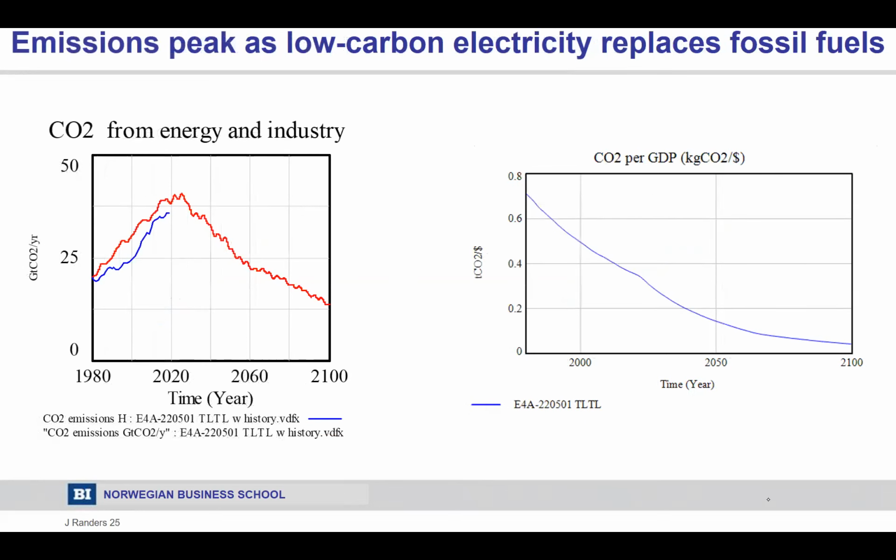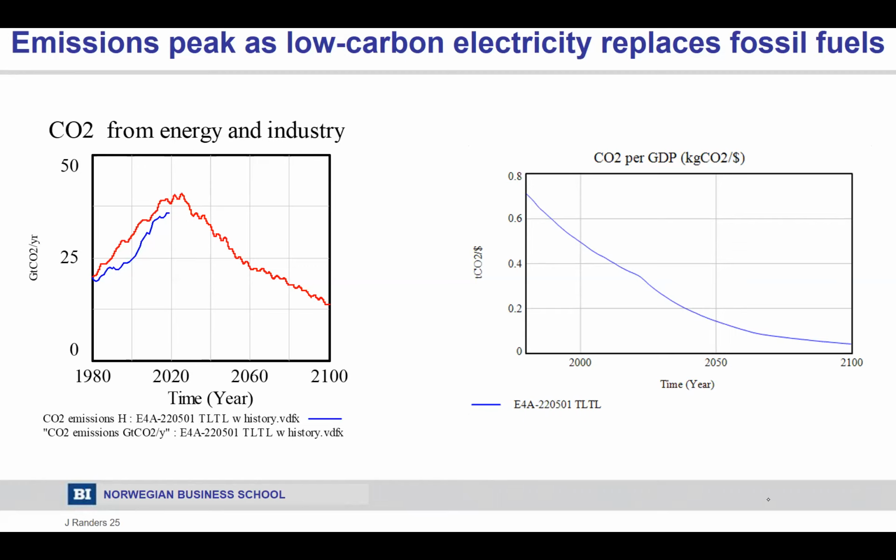And then, of course, once you know all of the stuff that we know, here comes the CO2 from energy and industry. You see the emissions rising from roughly 15 gigatons of CO2 emitted in 1980 to double that value, roughly, 32 gigatons.